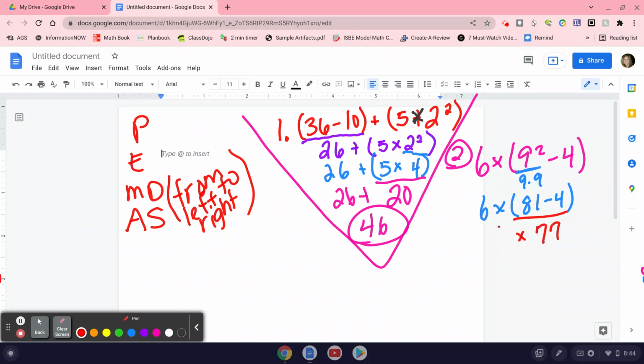I have times 6. Is 6 times 77 a mental math problem? No. So what will we have to do, Brady? Go out to the side. Everybody go out to the side. Do a little bit of algorithm. And then we can complete the bottom of our triangle.